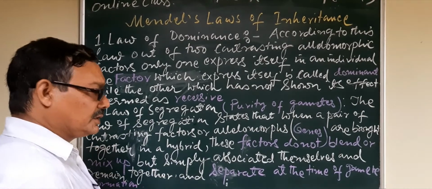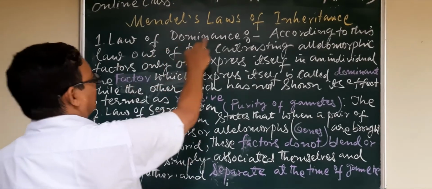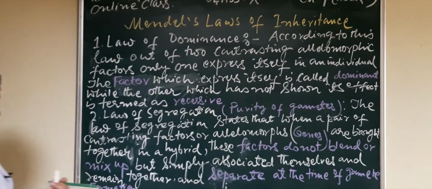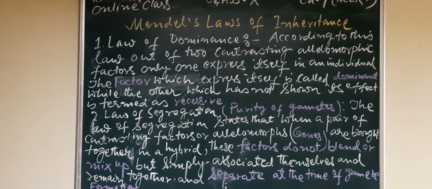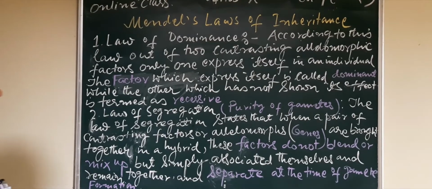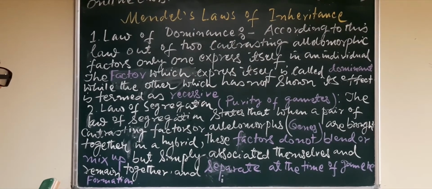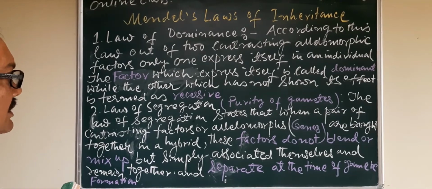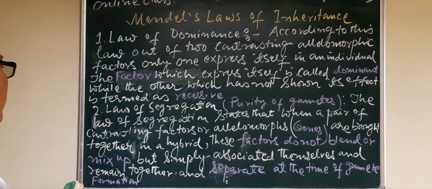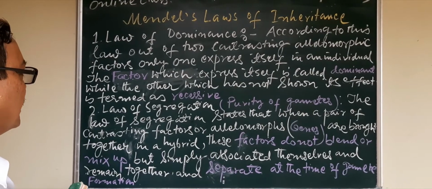How will it be deduced? Look here, law of dominance. According to this law, out of the 2 contrasting allelomorphic factors, only one expresses itself in an individual. The factor which expresses itself is called dominant, while the other, which has not shown its effect, is termed as recessive.